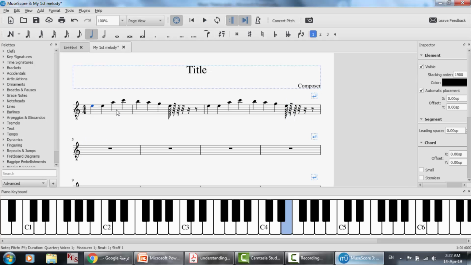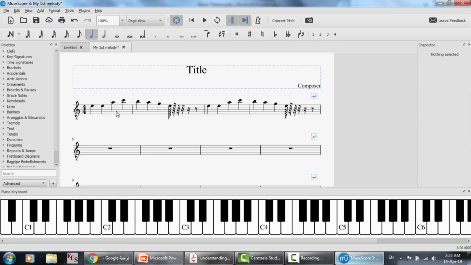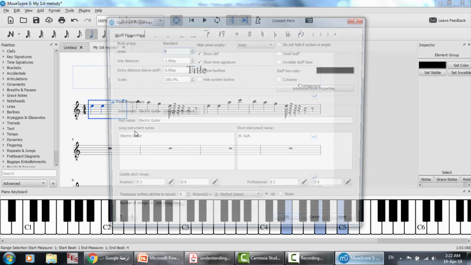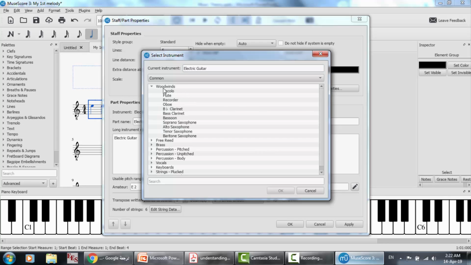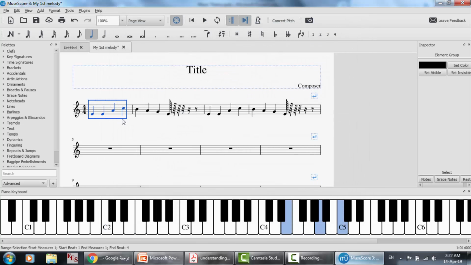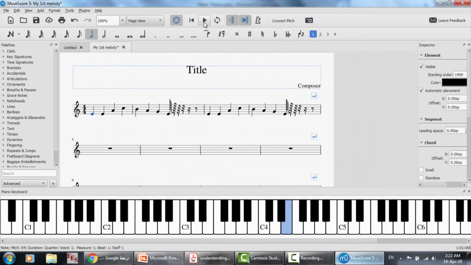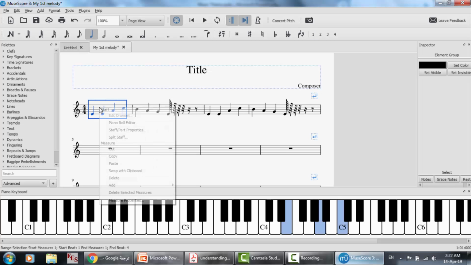Amazing. It's the same note, but different instruments. You will listen to different tunes. So let's see the flute. It's one of the powerful things in this software.